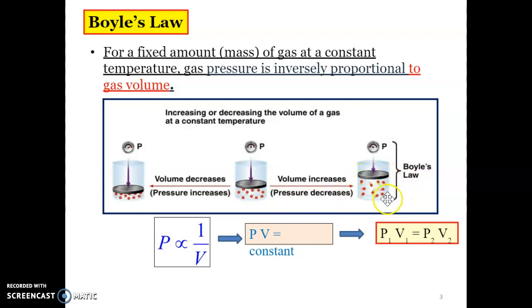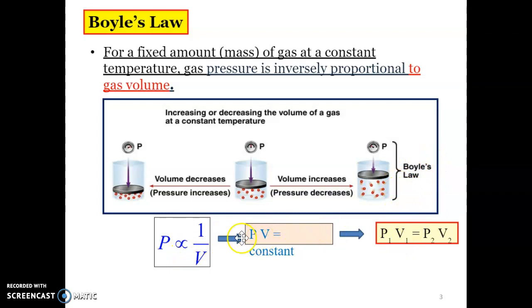Okay, when we increase the volume, we can see here that the molecules inside are moving more freely, so this represents that the pressure is decreased. So this is what Boyle's law is all about.